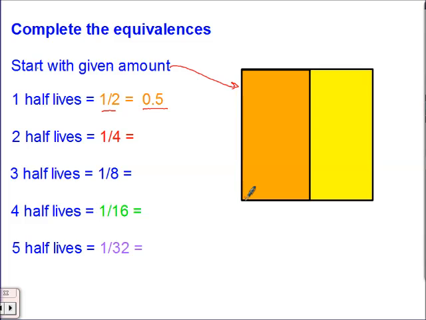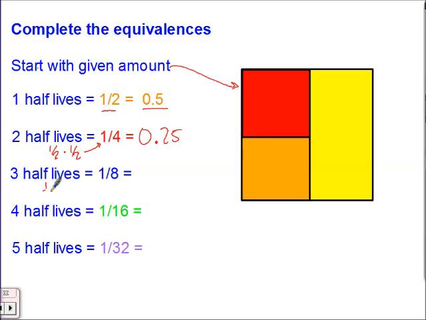This is how much remains, this orange part. 2 half-lives is 1 half times 1 half, which equals 1/4. 1/4 as a decimal is 0.25. That would be the red amount. So when I have a quarter left, a quarter of the square is the red part, 0.25.